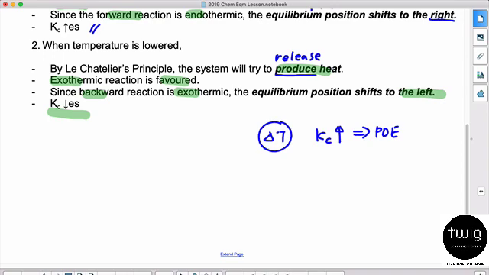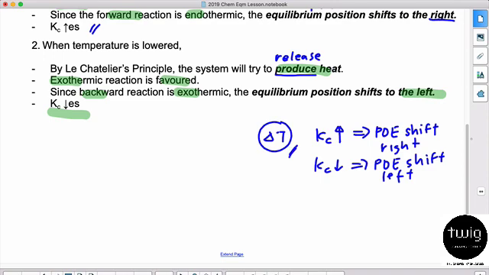It means I know that the position of equilibrium shifts where? Right, good, to the right. So if Kc drops, position of equilibrium shifts where? Left. But this only happens for change in what? Temperature, because Kc only changes when temperature changes. So take note. This is important, learn it by heart.